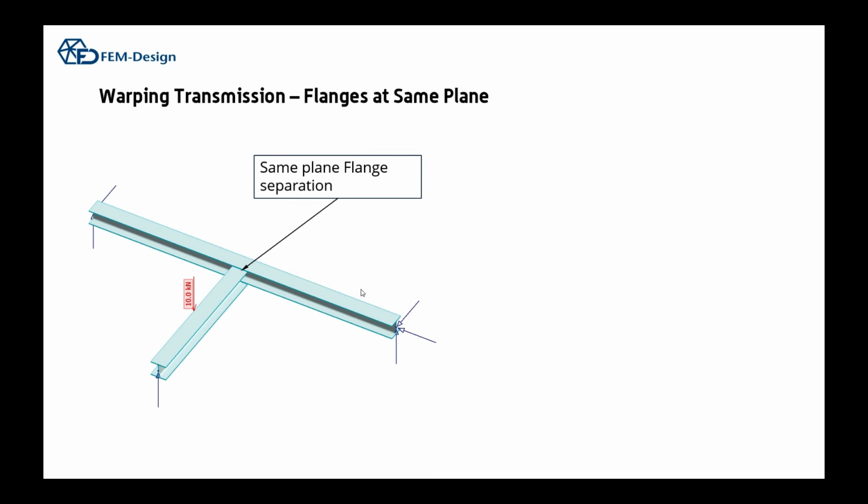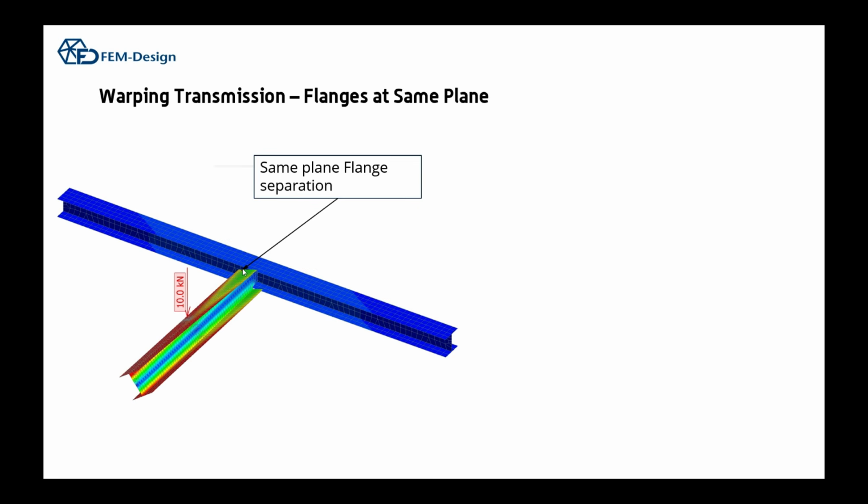So let's first discuss the cases when the flanges are in the same plane. If you see, there's a small gap between the flanges in this model, which means that the flanges of the beams are not connected. Then we do a small cell model and see what happens.